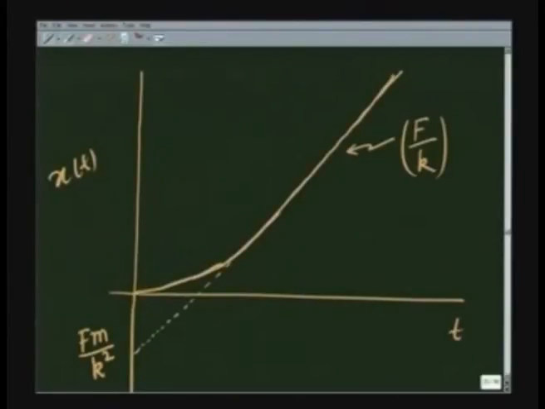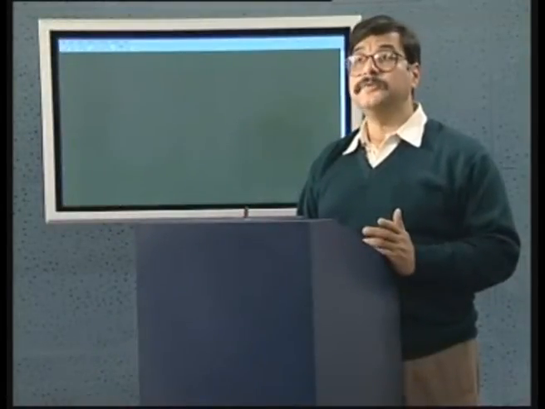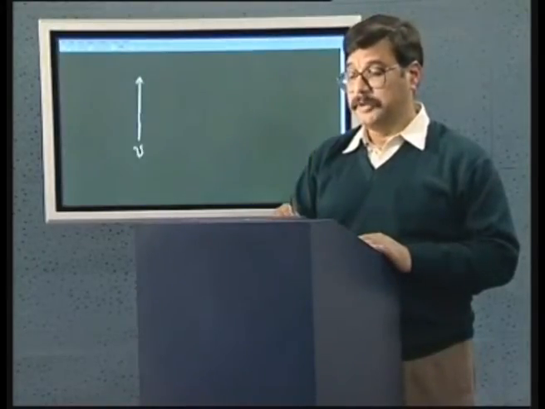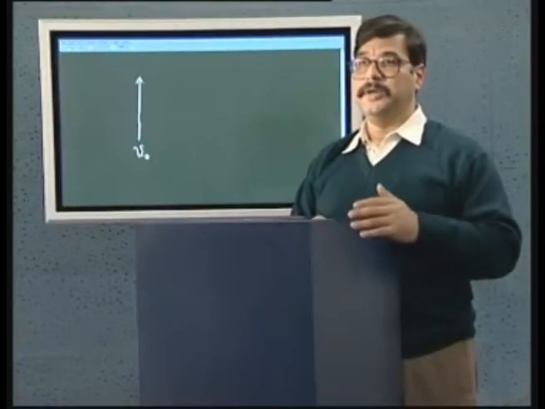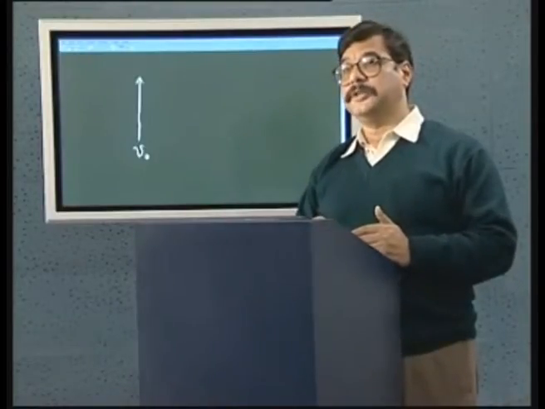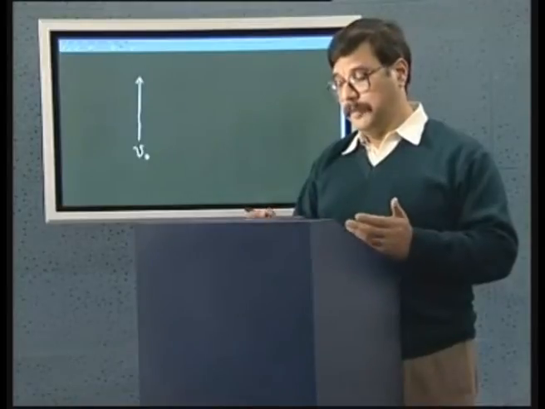This is a problem where we applied a constant force. So the most familiar problem in everyday life of this is a ball being thrown up with, say, some initial speed v0. The problem that I just solved, I took initial speed to be 0, but suppose I throw a ball up.